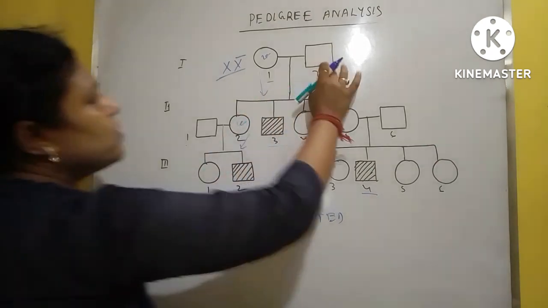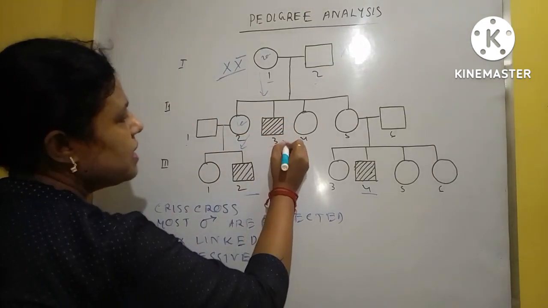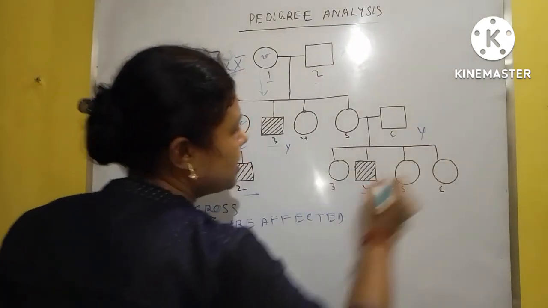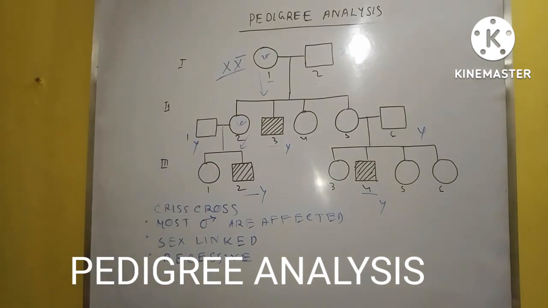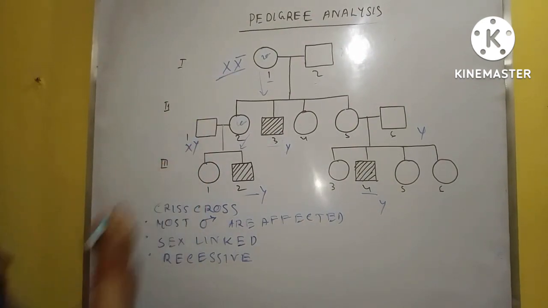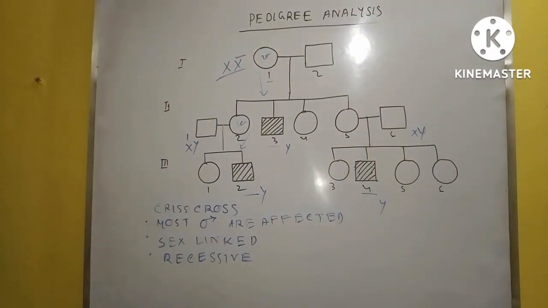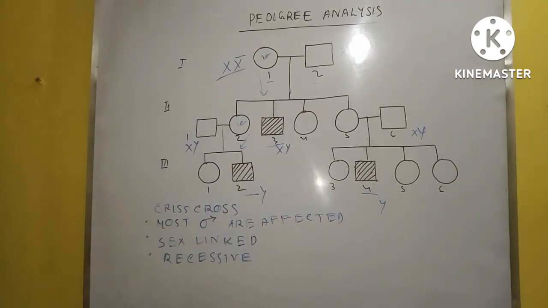Clear? In case of a normal male, XY is seen. So how do we write the genotype here? In case of a male, first write Y. If this is normal, the male is X Y. And here the male is diseased, so you write X bar, that means diseased.